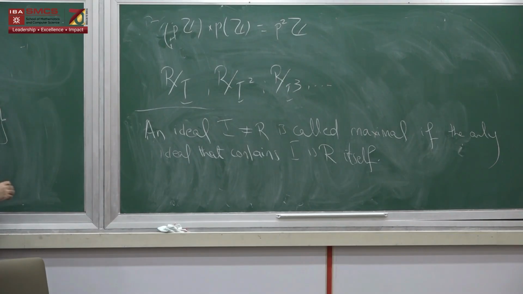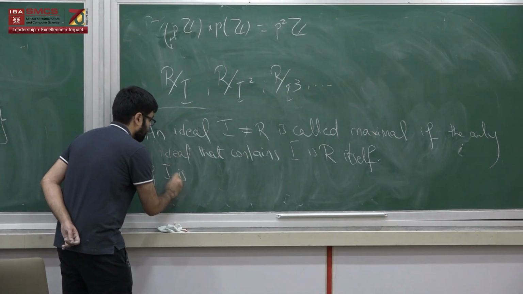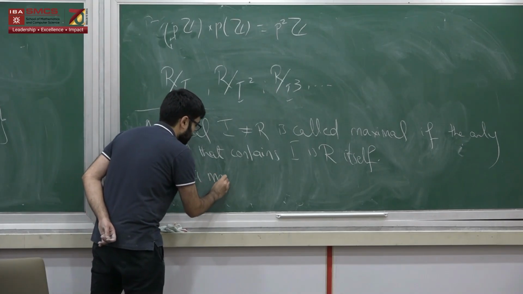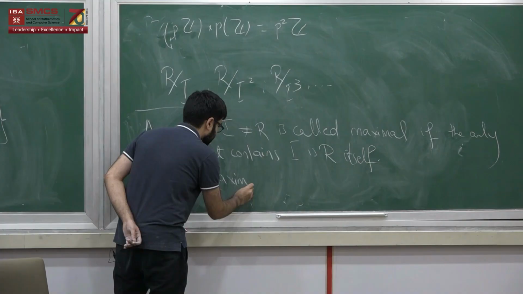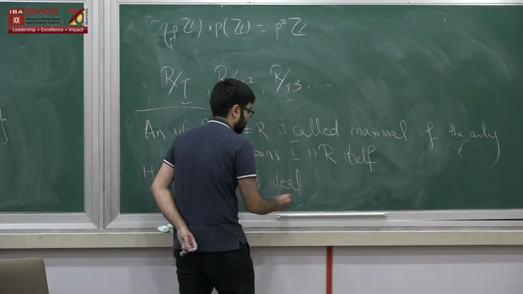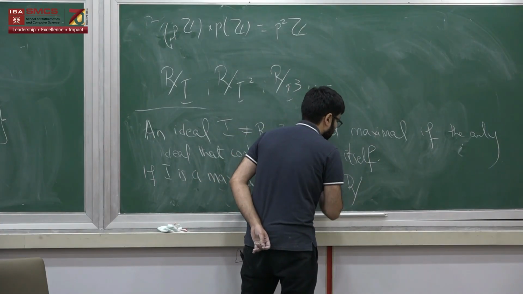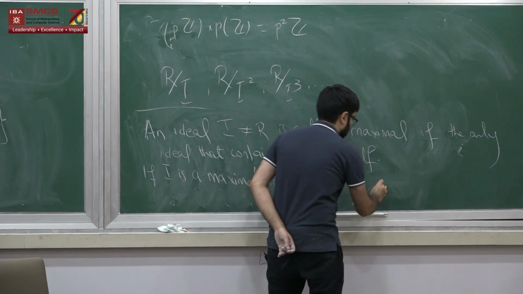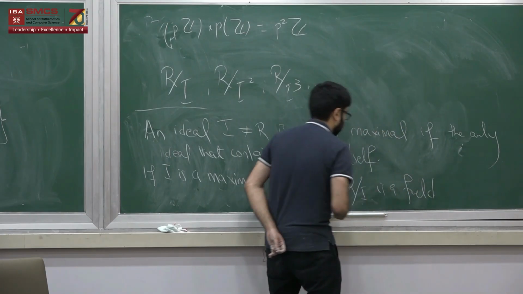And we will show this now in a little bit. So if I is a maximal ideal, then R mod I is a field.